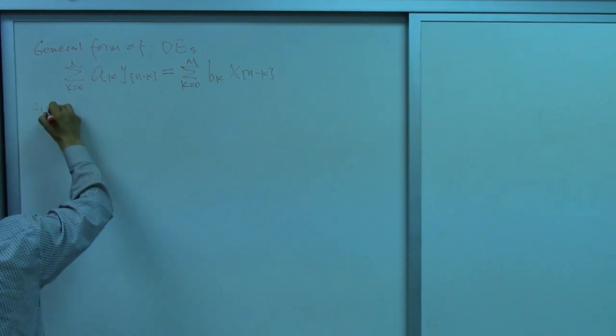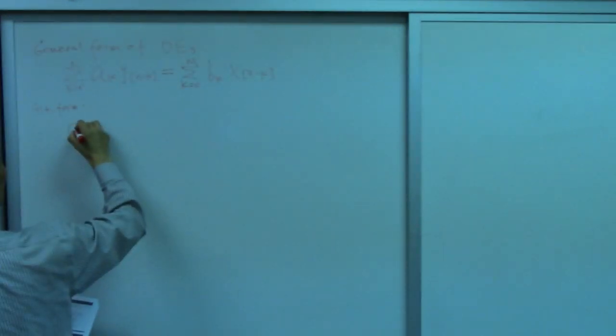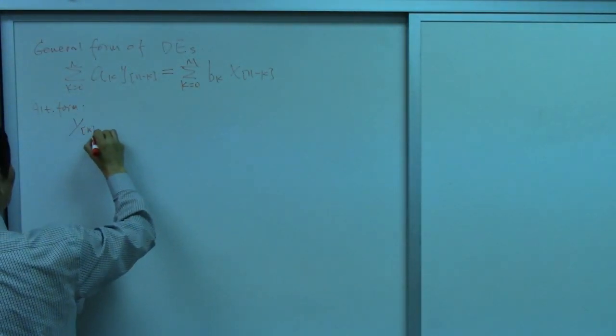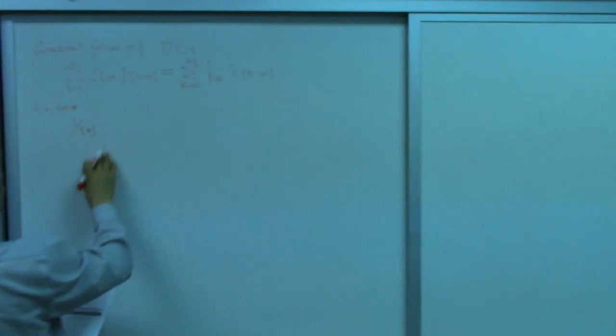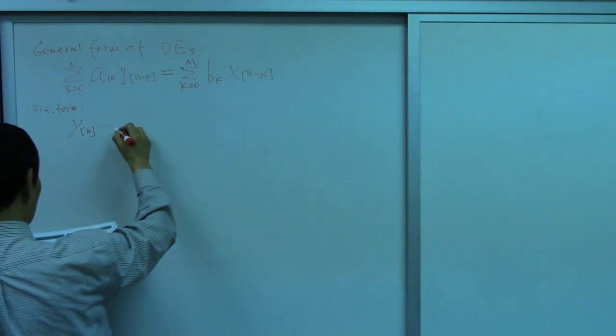So this is an alternative form. a0 equals 1, so we have yn minus, and we are going to use minus. All these terms we switch the sign.